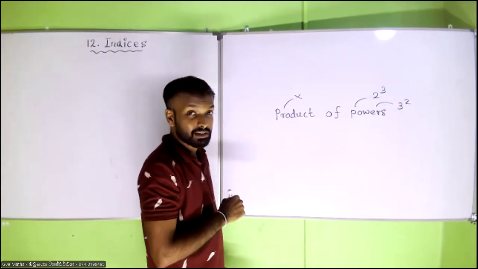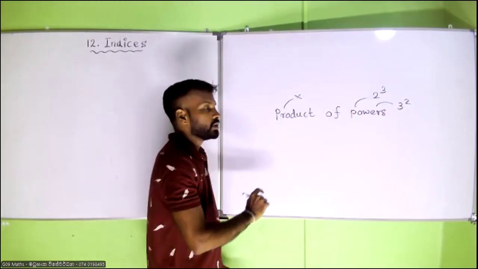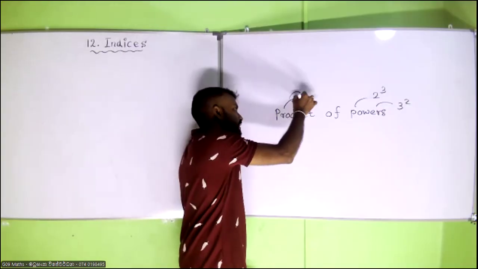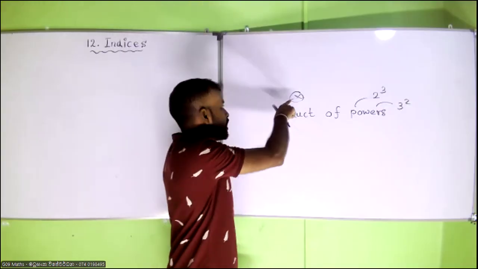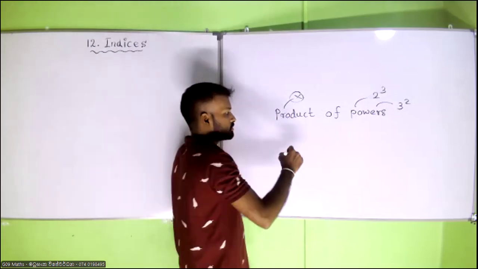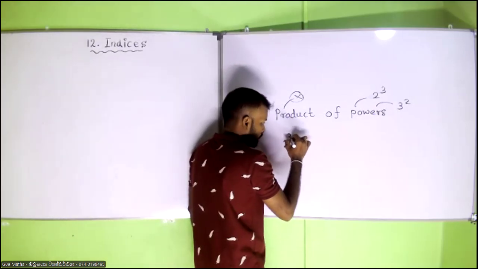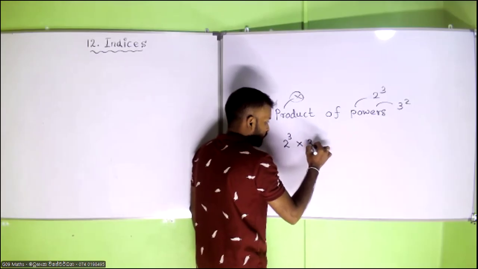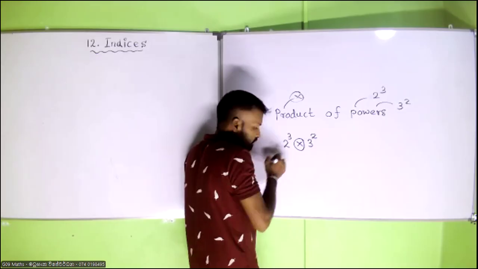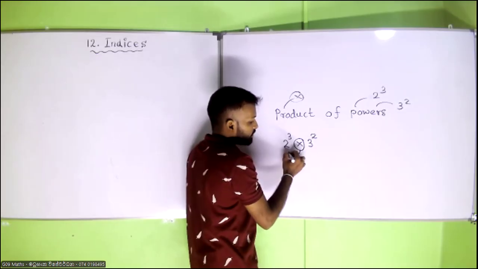How to get that? You know what powers are. You know the meaning of product, that means multiplication. You have to get the multiplication of these two powers: 2 to the power 3 multiplied by 3 to the power 2. Product of powers.